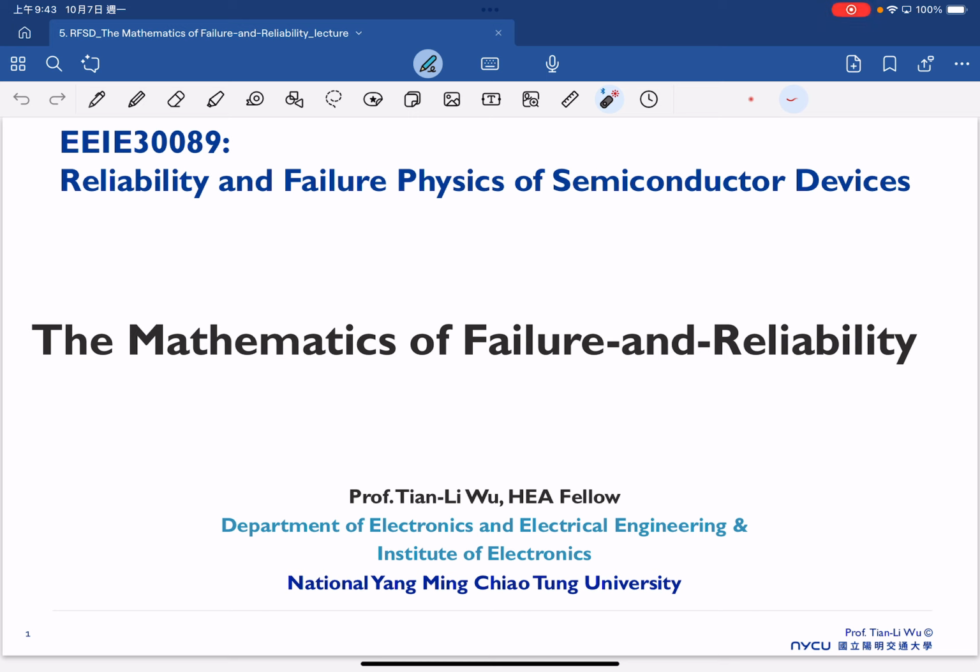Okay, good morning, everyone. So today we will move to the new chapter. This chapter will mainly talk about the mathematics of value and reliability. Especially, we will focus on the mathematical tools that we need to further analyze reliability, especially related to some of the statistical issues.